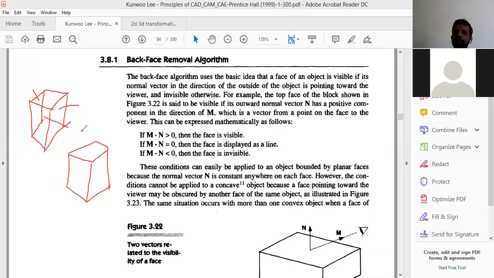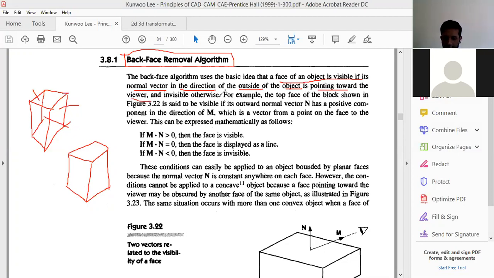So how does it solve this? We need some algorithms. One is the backface algorithm that we need to know. In this backface algorithm, the face of the object is visible if the normal vector pointing in the outward direction of the object is pointed towards the viewer.